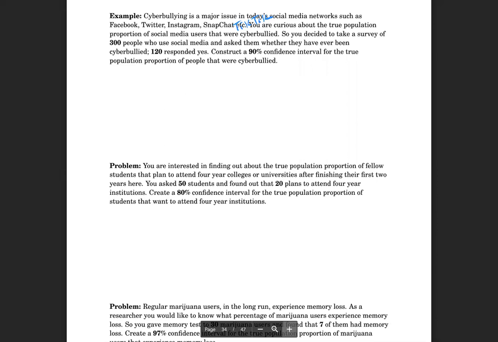That's a well-known fact around the globe. But anyway, this is a major problem. Just the other day I was reading an article about a model or an actress or a singer who got off Twitter or Instagram because of bullying.